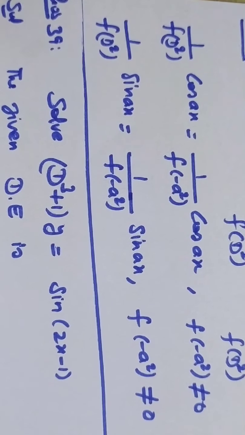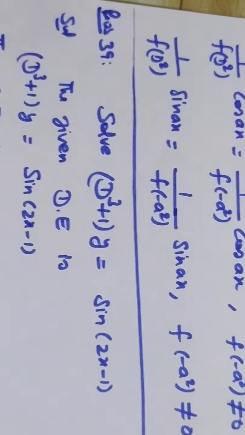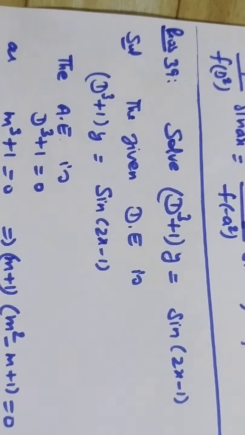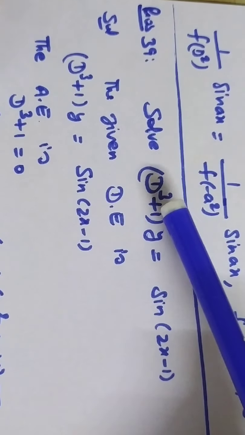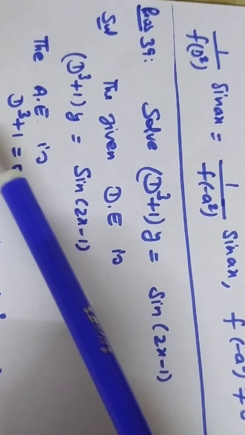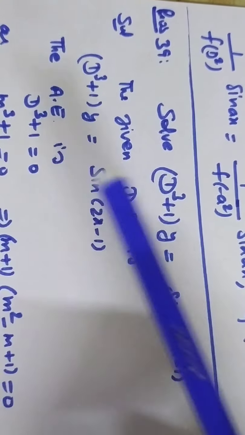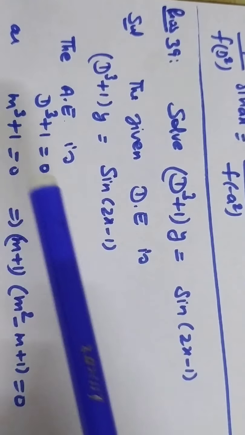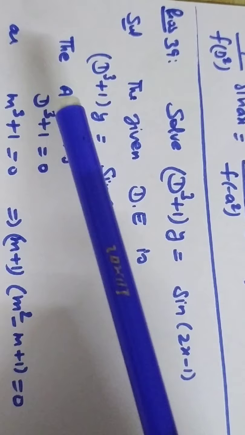And to find CF, you have to obtain the roots of the auxiliary equation. How do you write the auxiliary equation? The first part, that is D cube plus 1 equal to 0, gives me the auxiliary equation, that is m cube plus 1 equal to 0. You just write D as m.